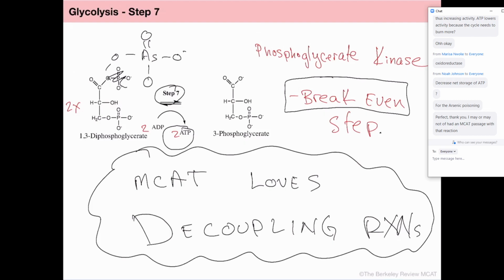In the electron transport chain, phosphate synthase, you can decouple the electron transport chain, and that's another thing that pops up on the MCAT pretty often. So just know what decoupling is and be on the lookout for it. Is it going to prevent the net positive energy formation? And what does that mean for the body?